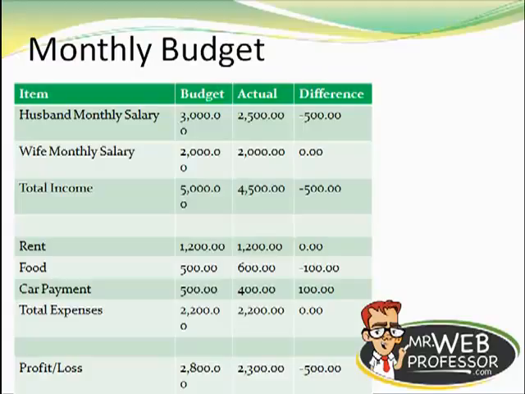It actually came in at $400, and there was a difference of positive $100. And so you can see here that while they budgeted for $2,800 profit, the actual profit was $2,300 because of the $500 difference in the husband's income.